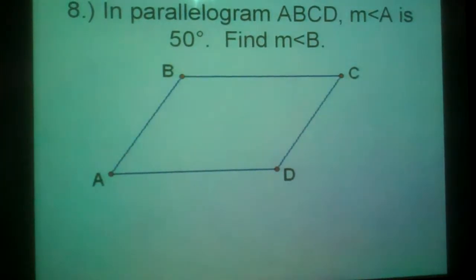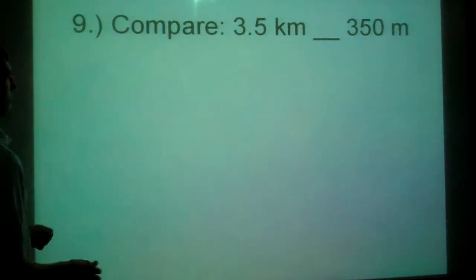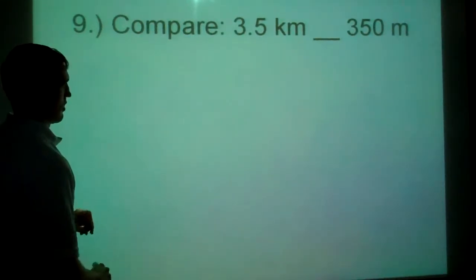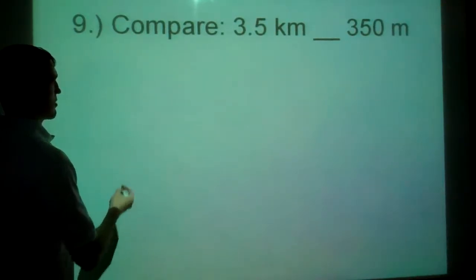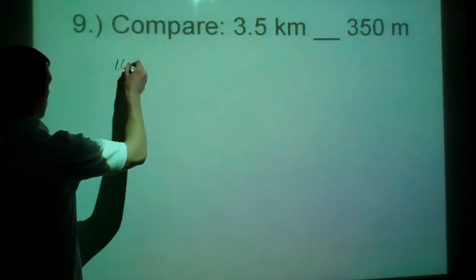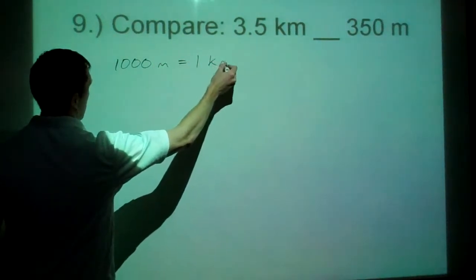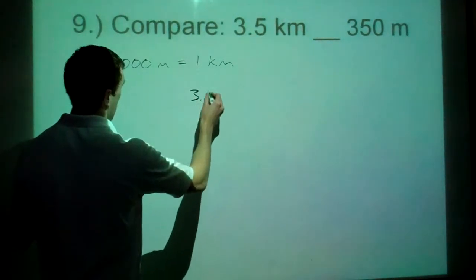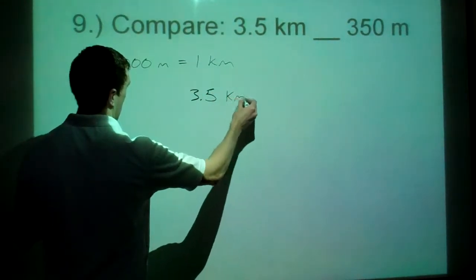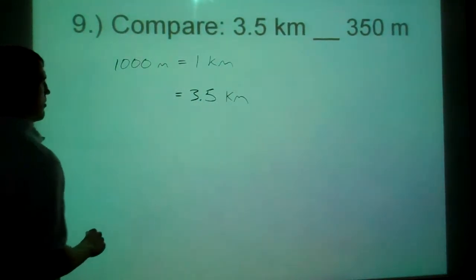Alright, number 9. Compare 3.5 kilometers to 350 meters. Alright, we're going to see which one's bigger or if they're equal. So I'm going to convert 3.5 kilometers into meters. I know that there are 1,000 meters in 1 kilometer. So 3.5 kilometers equals how many meters?